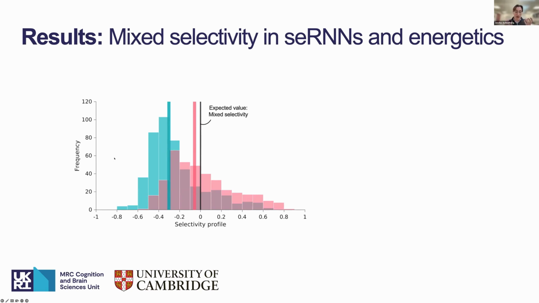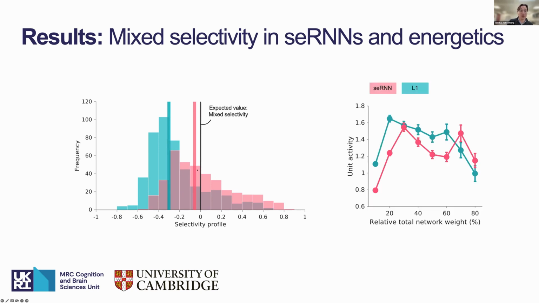Just to show you how this plot works, in the middle here is the expected value. This is pure mixed selectivity, if you want. There's a zero correlation between the two explained variance values across the units. Then we plot the histogram with the distribution, and we see that the L1s tend to be way more anti-correlated.